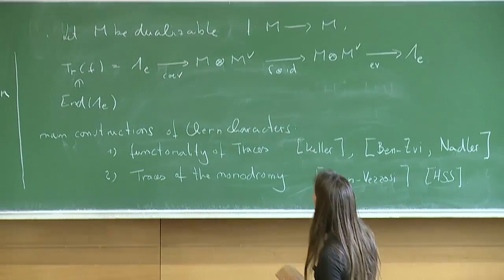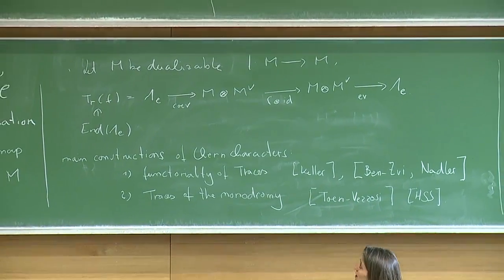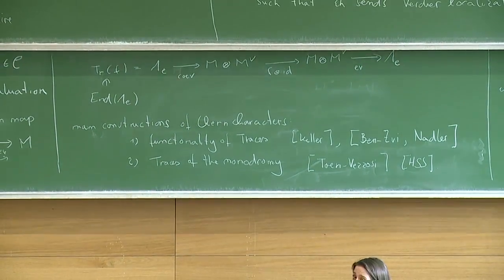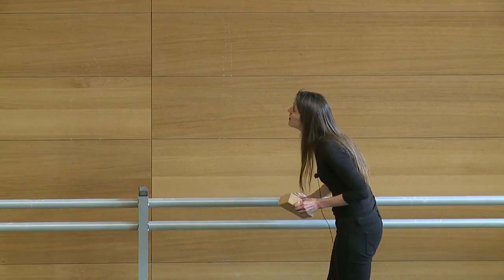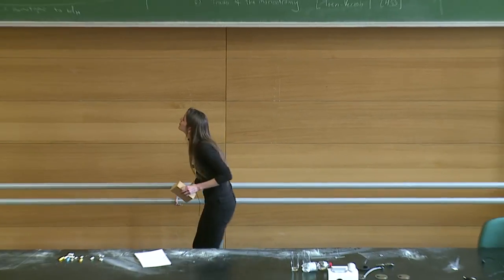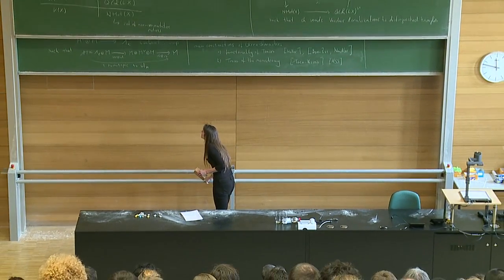And in fact, it is a priori not clear that these two constructions will yield the same Chern character, but one can prove that, which is not easy, that in fact both constructions yield the same character.